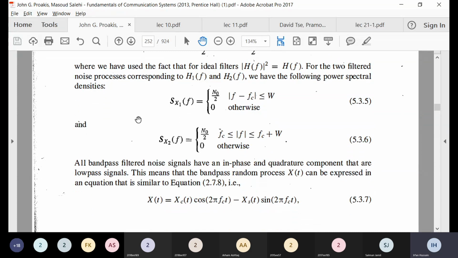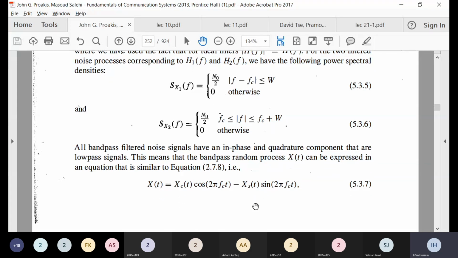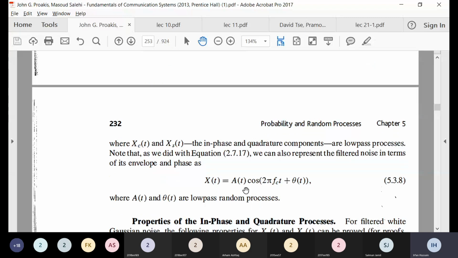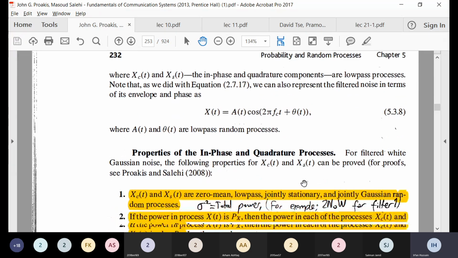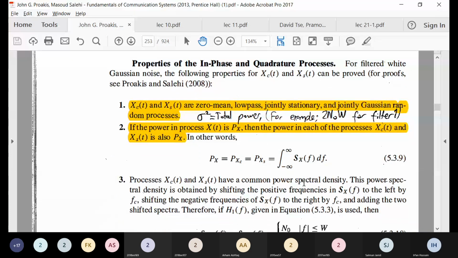And we can represent our x(t) again as the in phase and the quadrature components. In terms of low pass signals, you can represent it like this, as we saw there for representing signals. Similarly, you can also represent noise, because noise is also a signal, and it is also passing through the same filters. Some of the properties of filtered noise having the in phase and the quadrature components are that they are low pass, not band pass.